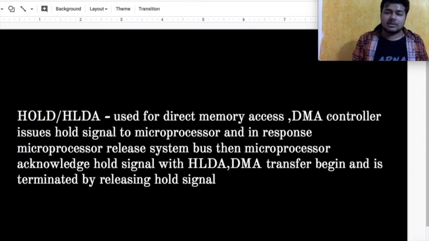The DMA controller issues a hold signal to the microprocessor, and in response the microprocessor releases its system buses, and then acknowledges the hold signal with HLDA. DMA transfer begins and is terminated by releasing the hold signal. Hence it performs direct memory access.